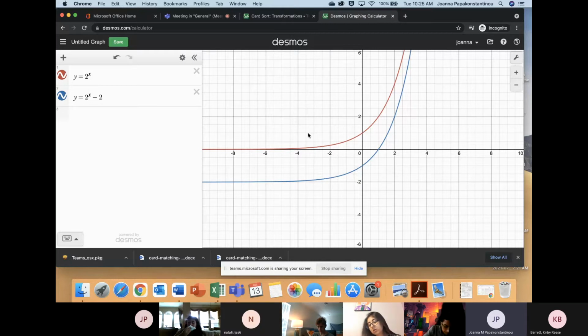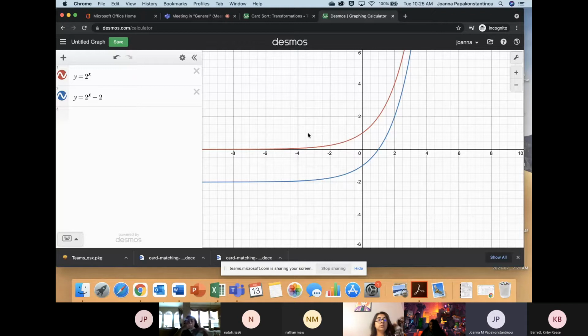What would be the equation of the horizontal asymptote? Y equals -2. It is the horizontal line at y equals -2. The original horizontal asymptote was at y equals 0, the x-axis, but it has been shifted down 2.